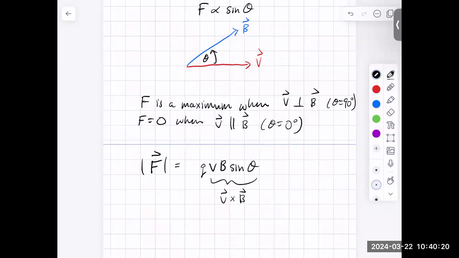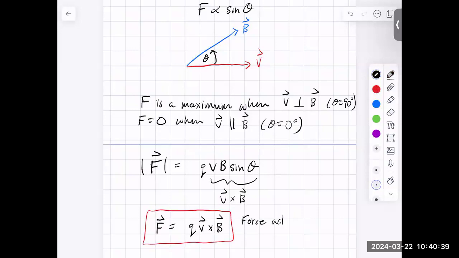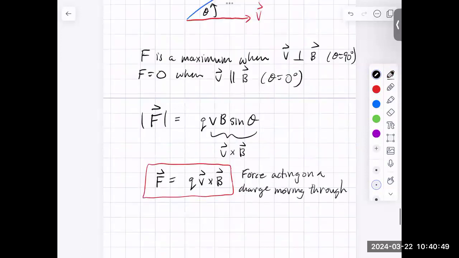And so we could say the total force, which includes direction information, is Q V cross B. And this is the force acting on a charge moving through magnetic field B.